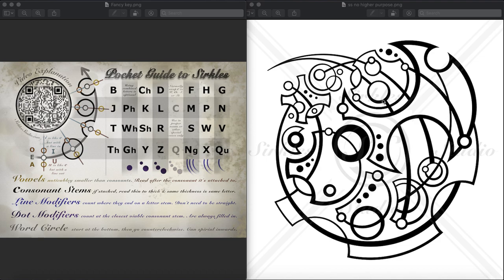So higher, and then we have our next word, bottom of it's here. This is a circle inside the word circle with 1, 2 lines ending on it, making it a P. Continuing around, here we have a U, line going outwards, an R with 1, 2, 3 dots on it, and then another P, 1, 2 lines on it, and an O, just like this O hanging out on the letter stem.